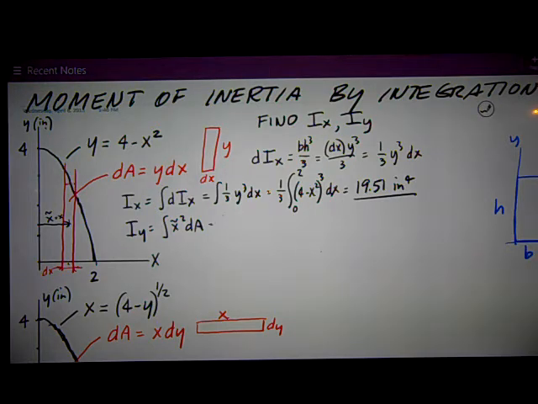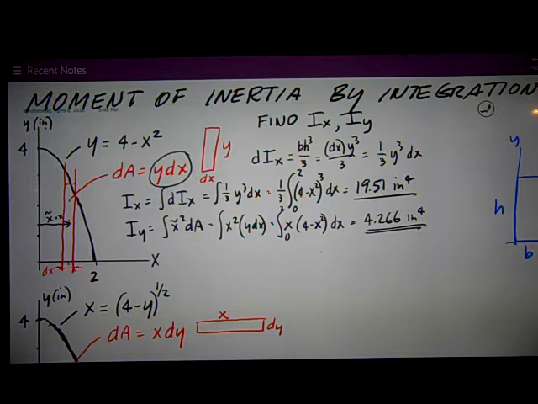And so the integral becomes the integral of x squared, and then dA is y dx. That's the integral from 0 to 2, once again, because we're integrating along the x-axis, of x squared times y, where y is equal to 4 minus x squared. Plug that into the integral calculator, and after a few seconds it spits out the answer, 4.266 inches to the fourth.